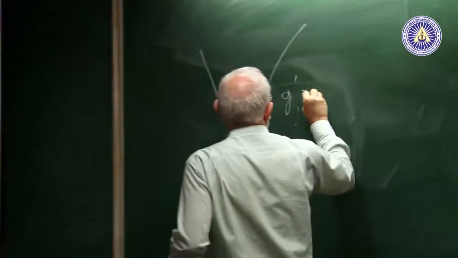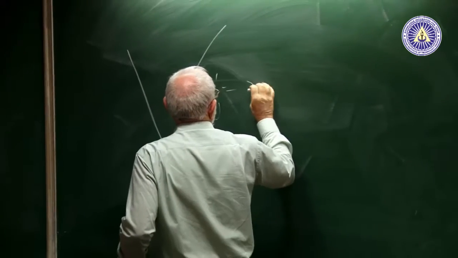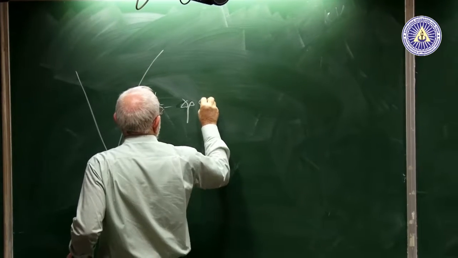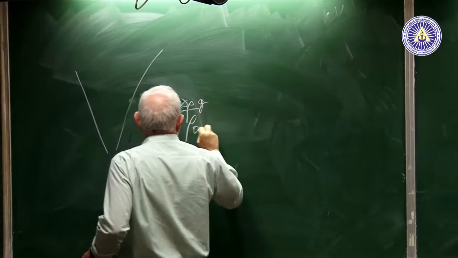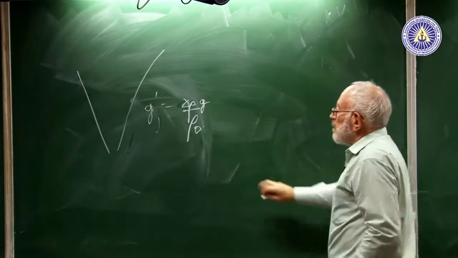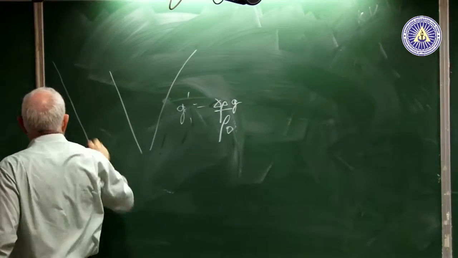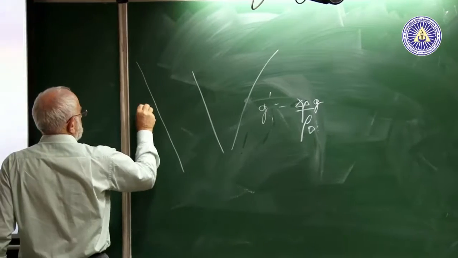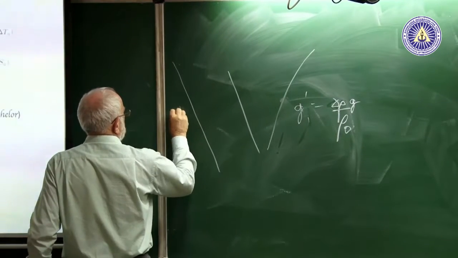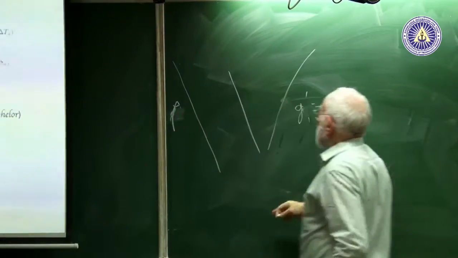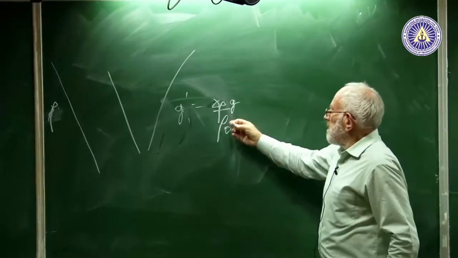G prime, which is the difference in density times G over some reference density, is going to change as you go up. This is rho with whatever the n is. This is going to change.